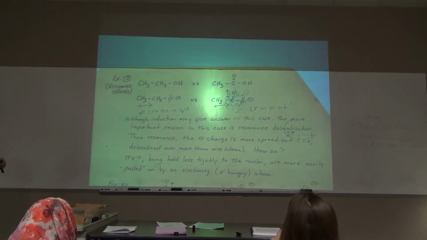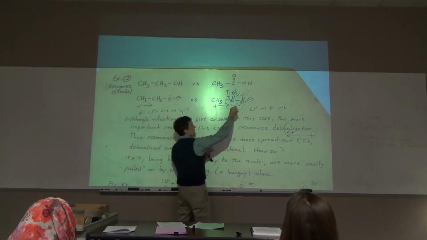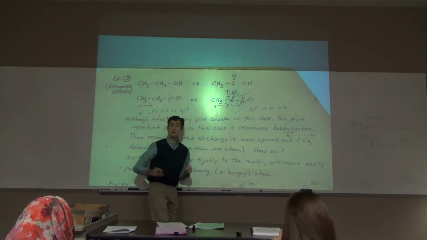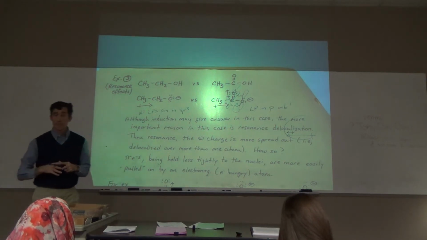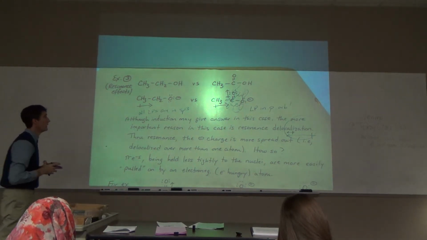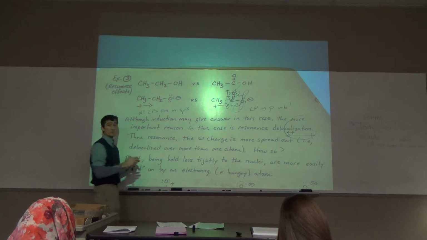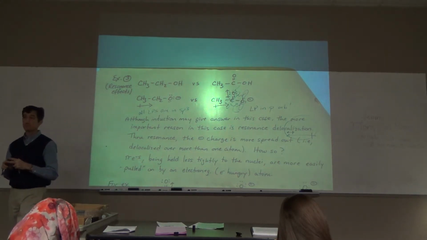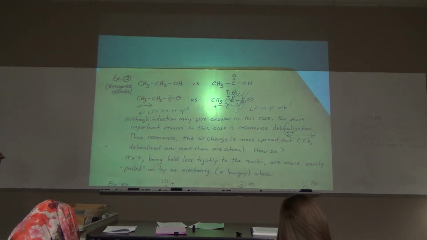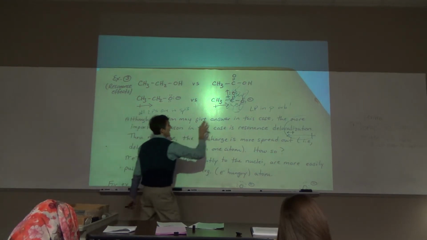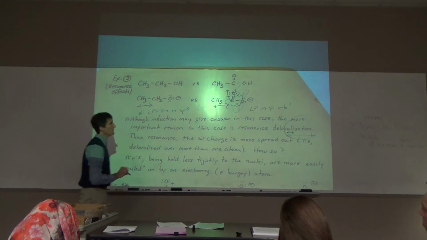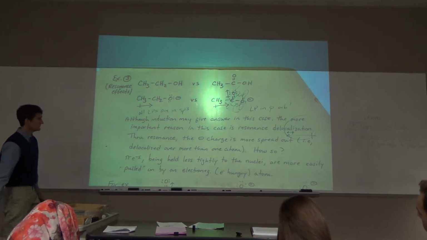And that's called resonance. That's called conjugation. This oxygen is so-called resonance stabilized, where this oxygen is not resonance stabilized. So that's the stabilization going on here. It makes this more stable and that one more acidic.